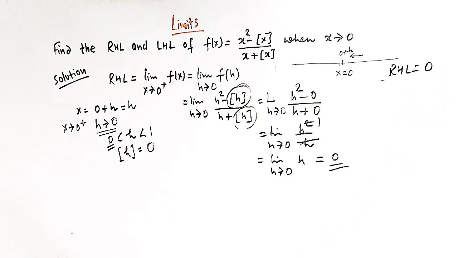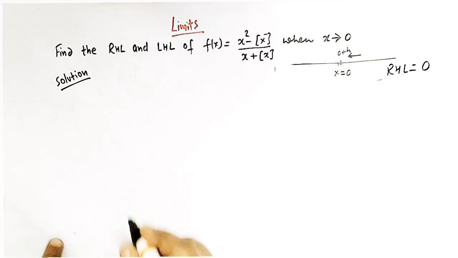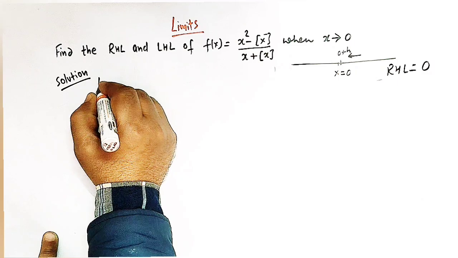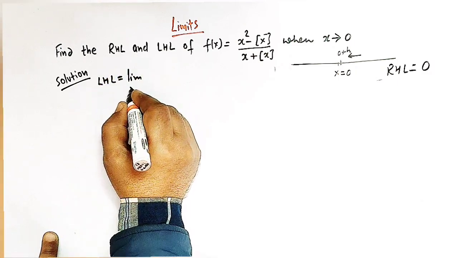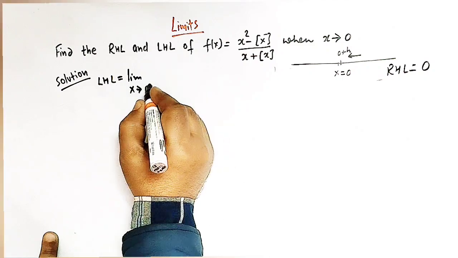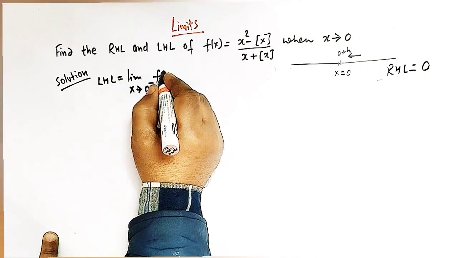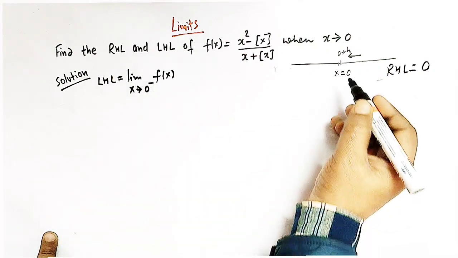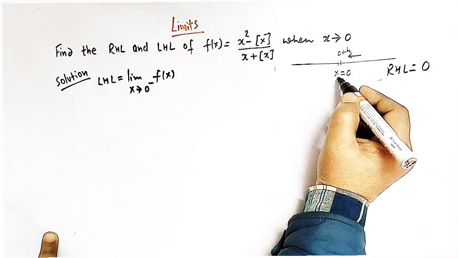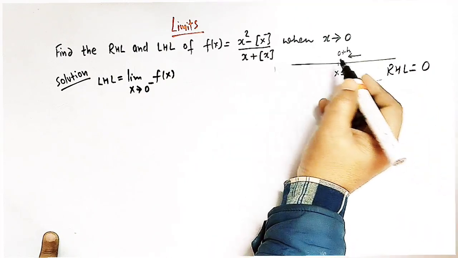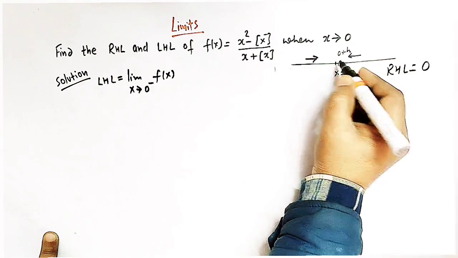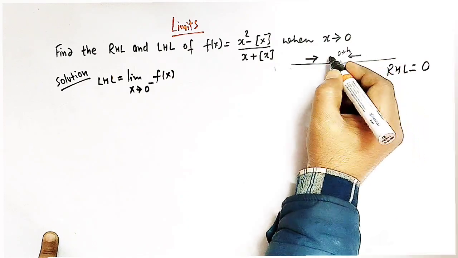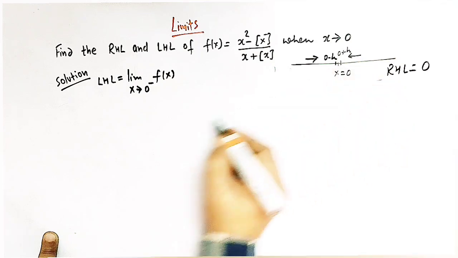So now let us find out the left hand limit. The notation for the left hand limit is the limit x tends to 0, and we put a negative sign here, and here we have f of x. So when we approach towards x is equal to 0 from the left of x is equal to 0, then we have a point in the left neighborhood, that is 0 minus h.